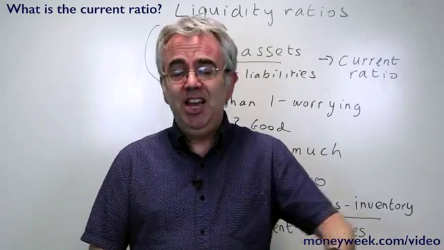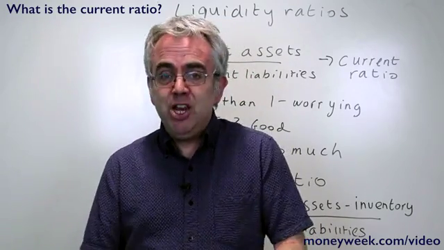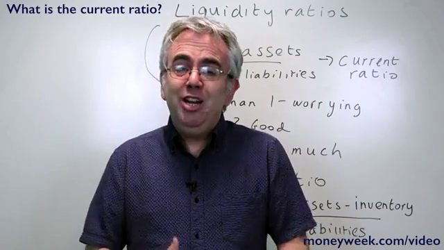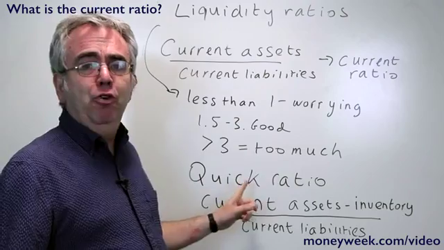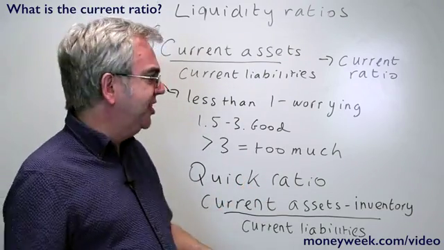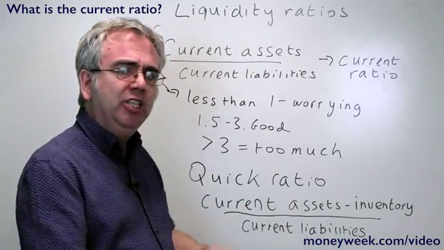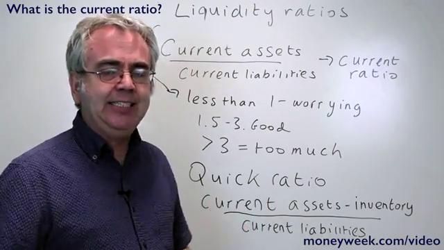Or alternatively, return some of that cash to shareholders. If it's got too much inventory, well, start selling more of it or start manufacturing a bit less. But as I say, if it's over 3, it's not great, but not a disaster. Just suggests that the company is a bit too conservative in the way it manages its assets.